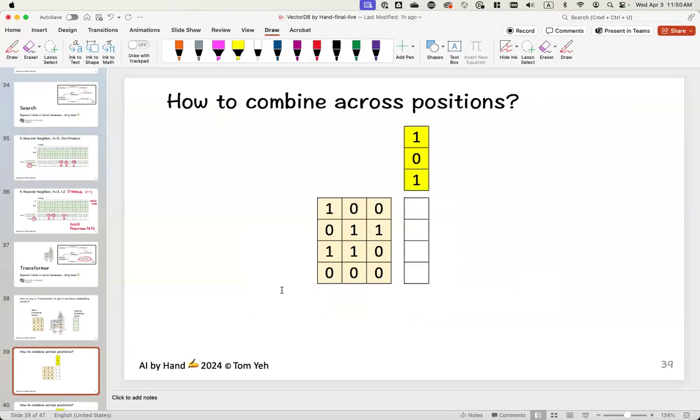So first, we'd like to combine these word embedding vectors, three words, if I remember. We can combine across the three different positions. To combine across the positions, we'll put this matrix to the top over here, upper right corner.